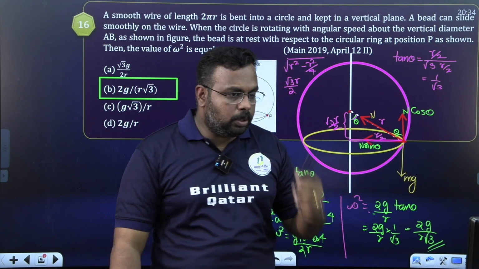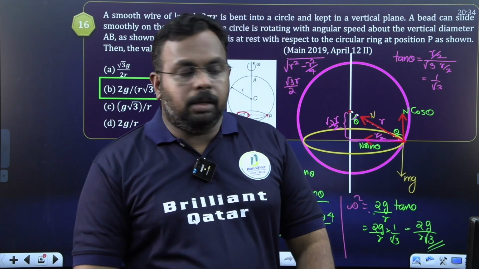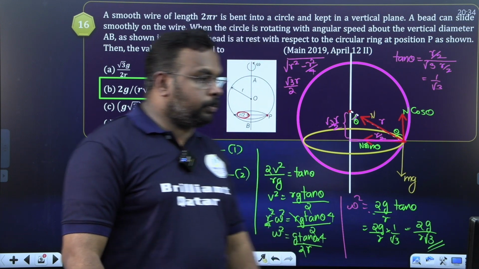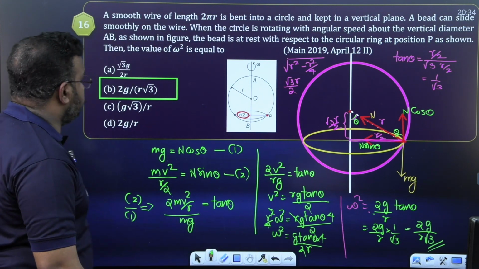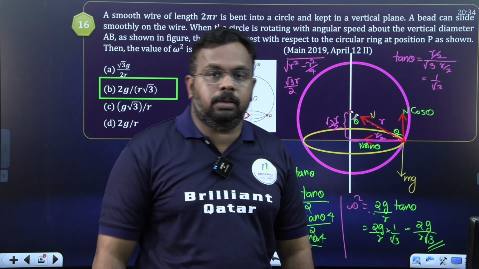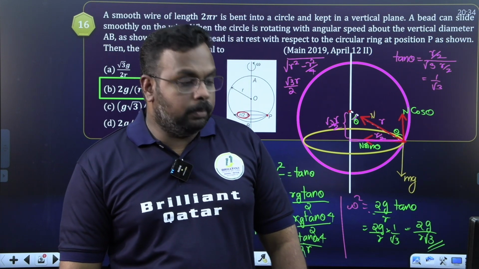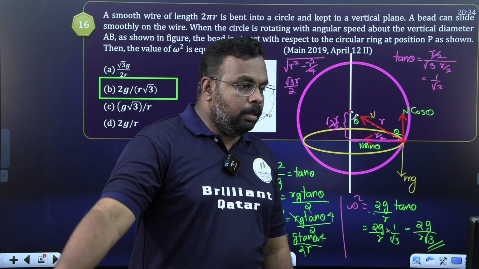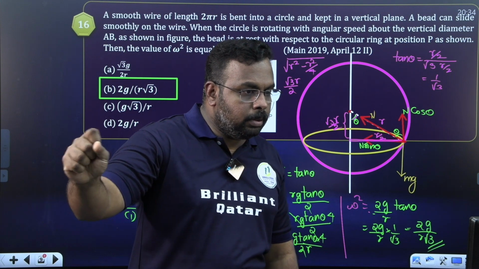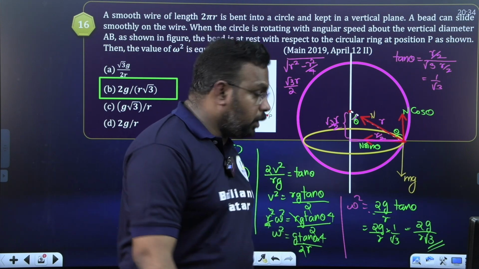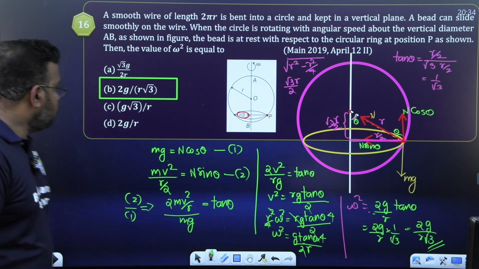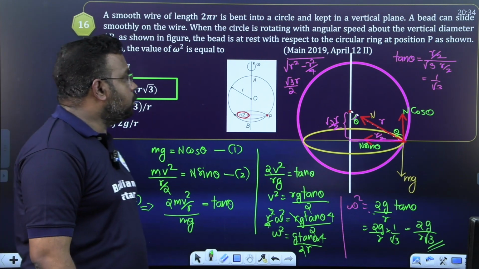That concept only we use here to get it. Clear or not? Copy this. If doubt is there, ask me. So the answer is 2G by R root 3.